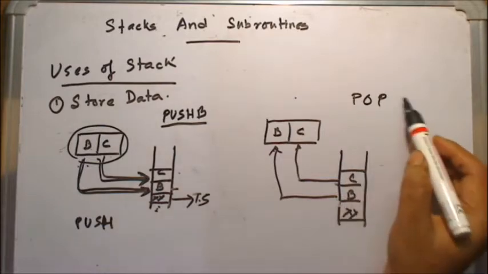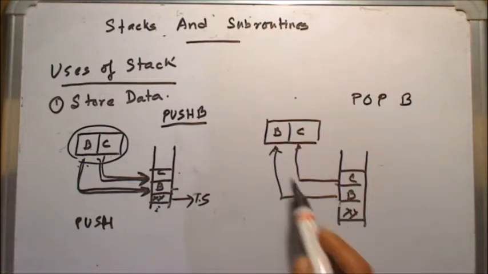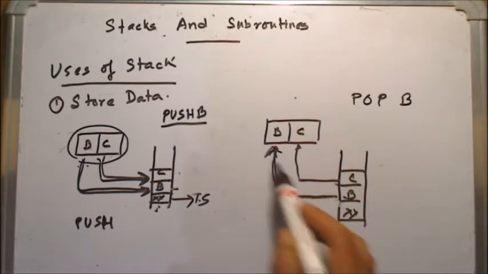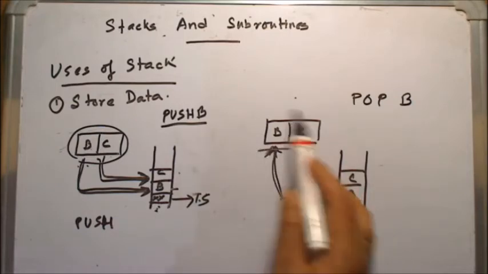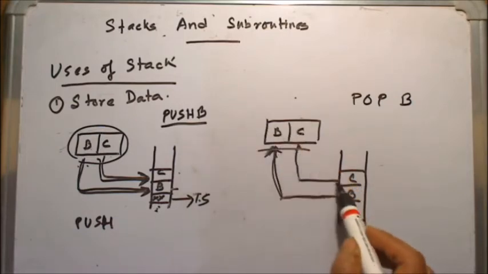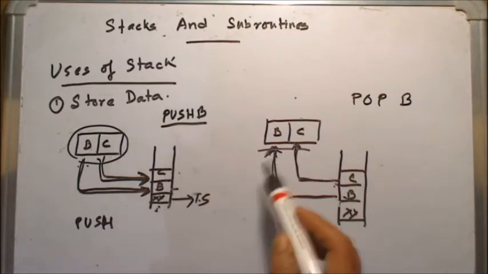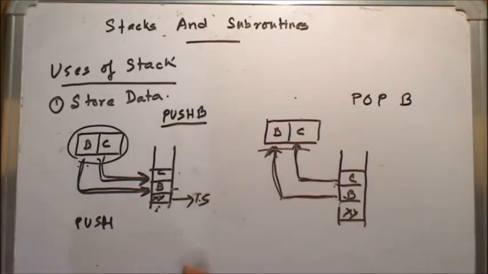See, I have used pop B. So what happens with pop B? The data of B which was stored in the stack goes to the B register, and the contents of C will go to the C register. So this is one use of stack, to store data.